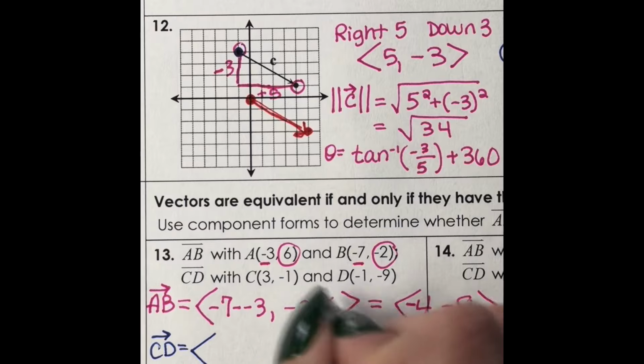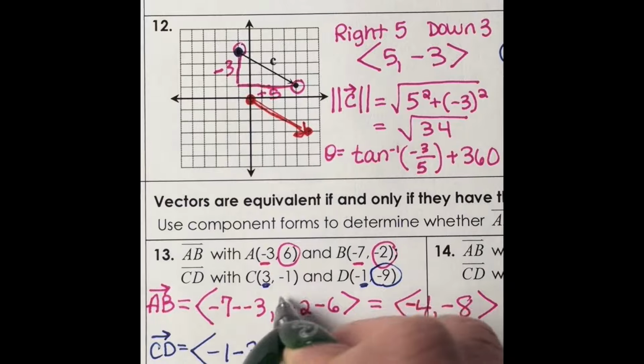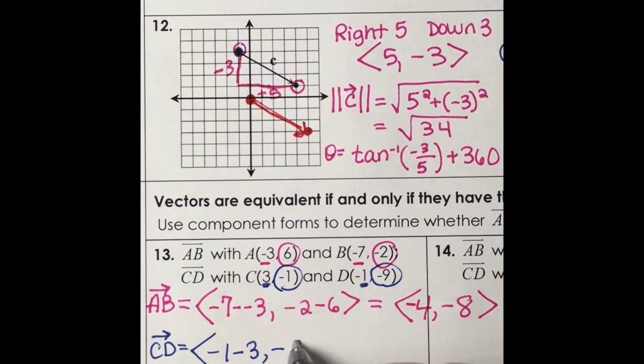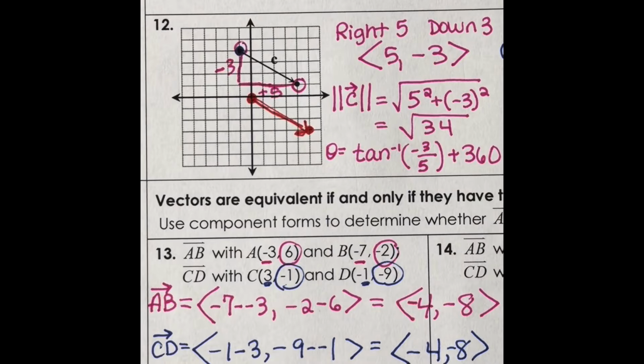So we'll have x2 minus x1, so negative 1 minus 3. And then y2 minus y1, so negative 9 minus negative 1. And that is also negative 4, negative 8. So because they have the exact same component form, these are going to be equivalent.